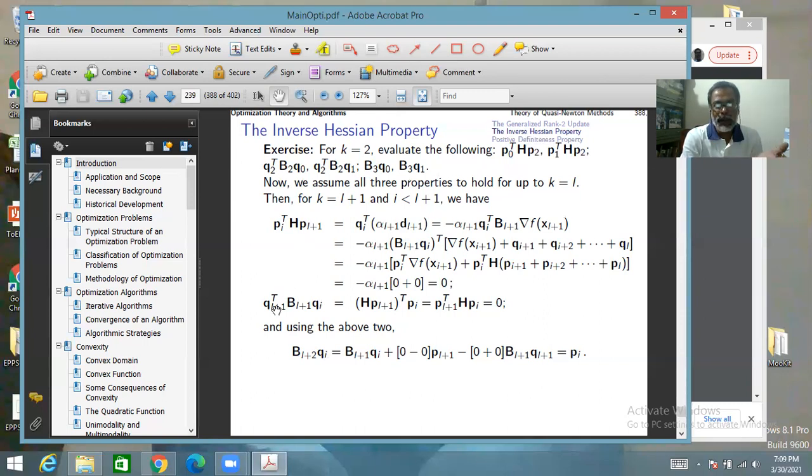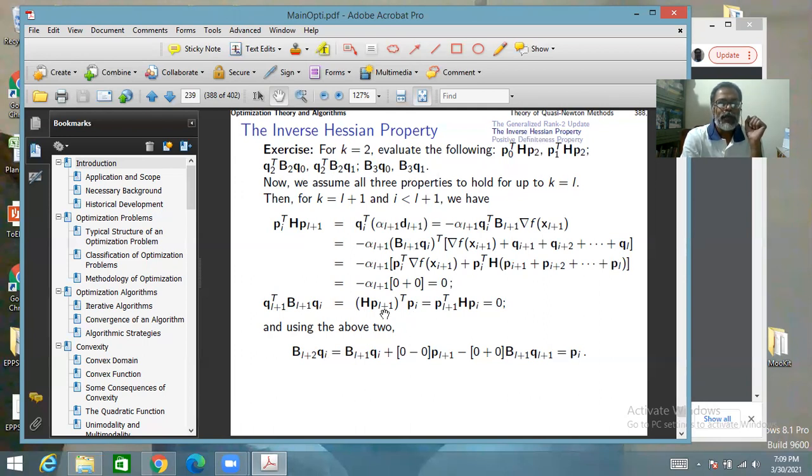And this becomes then trivial because this q L plus 1 we split as h times p L plus 1, and this b L plus 1 into qi is known to be pi from this. Okay, the induction hypothesis for k equal to L, all the properties are correct.